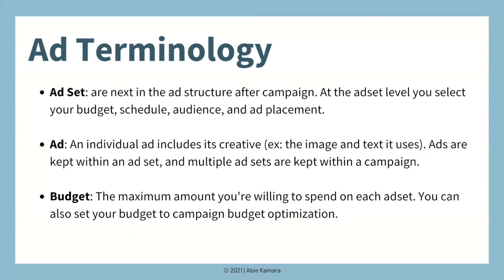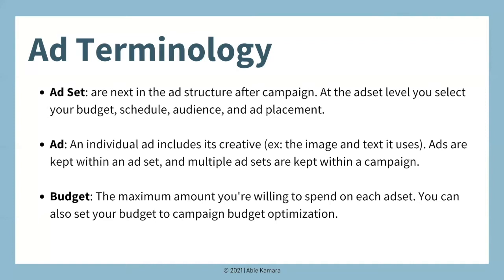Okay, and then ad sets are next in the ad structure after campaigns. Like I mentioned before, it goes campaigns and then ad sets. Ad sets are within the campaign, and your ad set will include one or more ads. That's where you will set up your budget and your schedule for the ads.